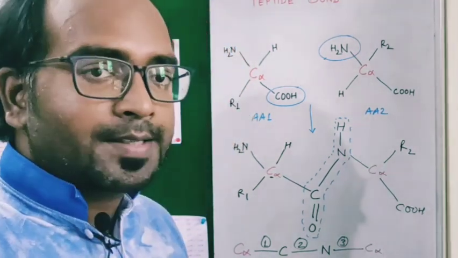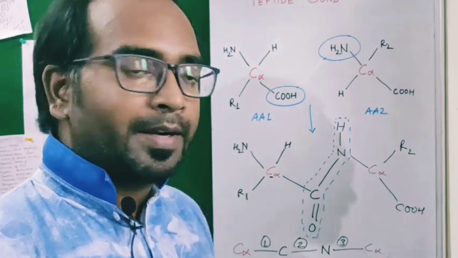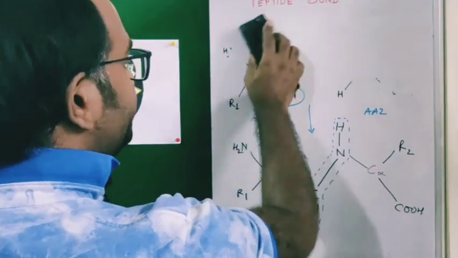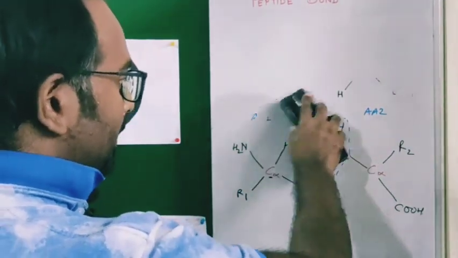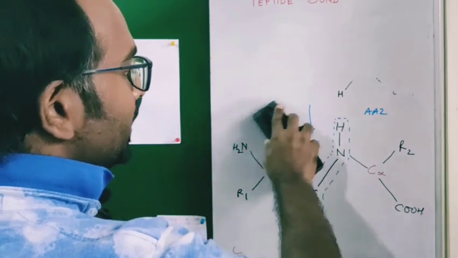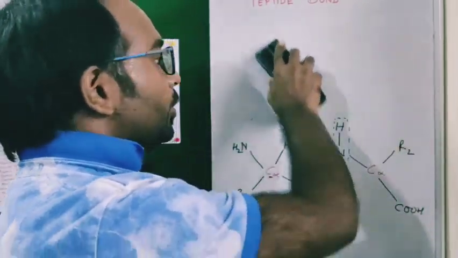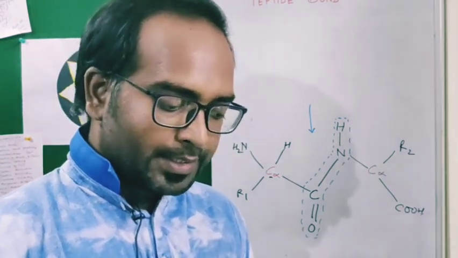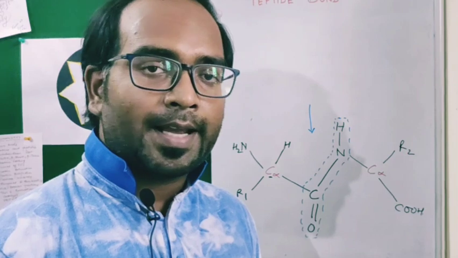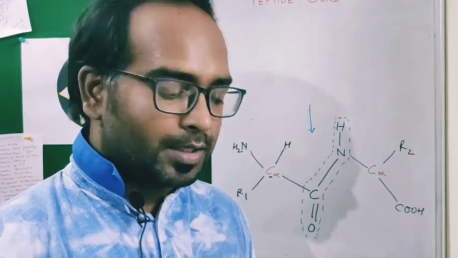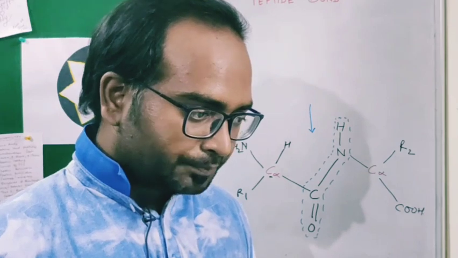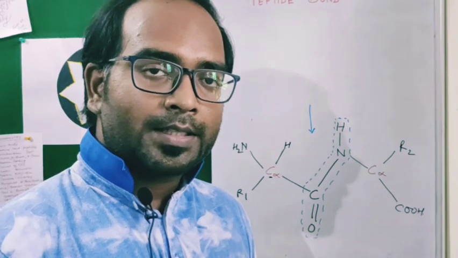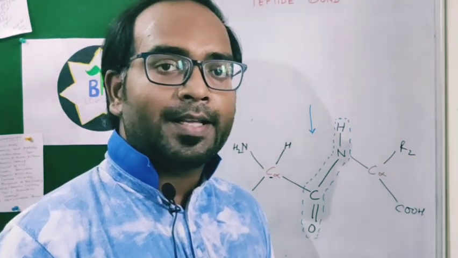Now we will move towards the second question: what is the geometry of the peptide bond? You might have heard about the two scientists, Linus Pauling and Robert Corey. They studied the X-ray structure of amino acids and dipeptides and elucidated that the peptide group occurs in a rigid planar structure.